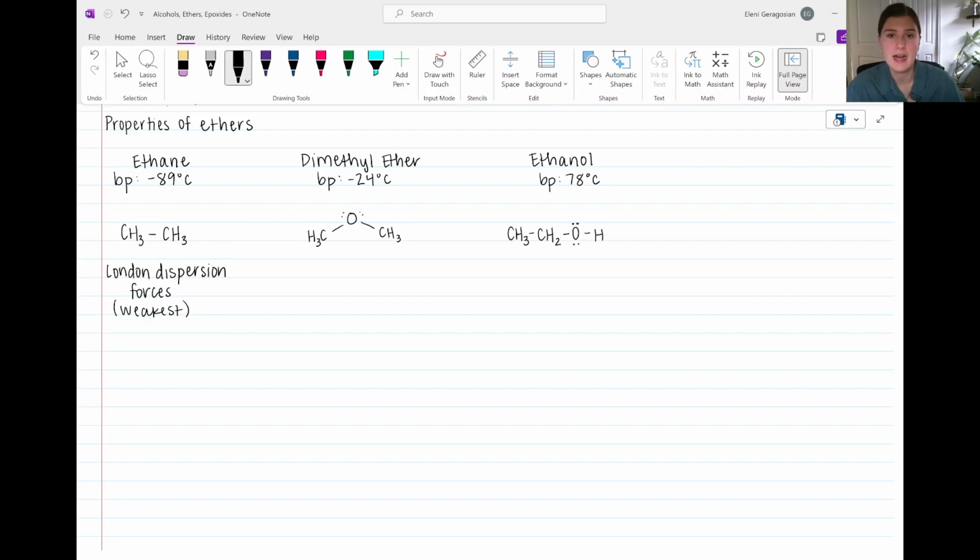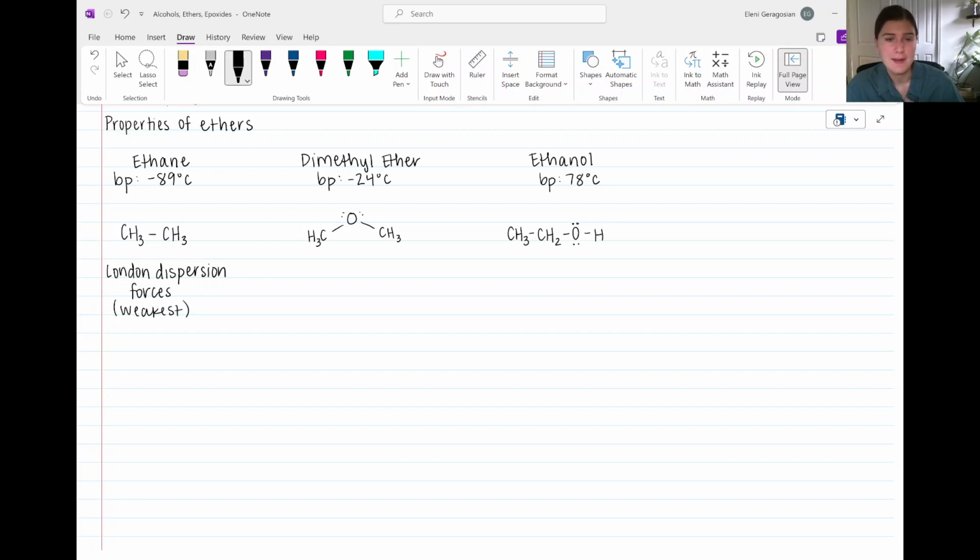And remember, if you have a strong intermolecular force, the molecules in the liquid phase are strongly attracted to each other through that force between molecules. And so more energy is required to separate those molecules and bring them into the gas phase. So with stronger intermolecular forces, we have a higher boiling point. And we see that trend with these molecules.